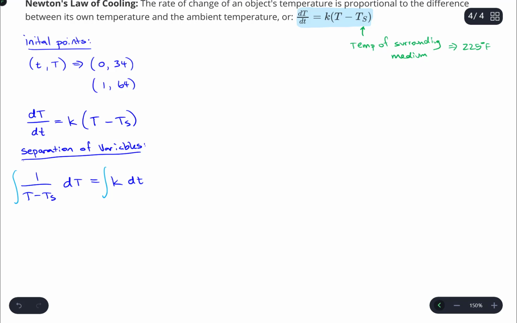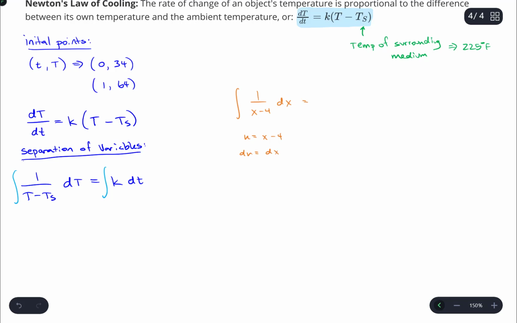This is going to be a little bit tricky to integrate, but just think in terms of if you were integrating 1 over, say, x minus 4 dx. So this is a constant, this is a variable. Well, we could have used u substitution, and du would just be dx.